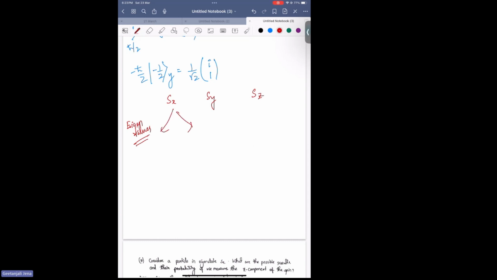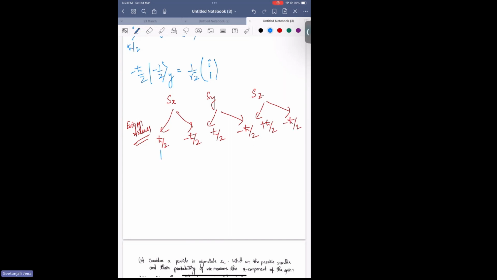You will get plus ħ/2 and minus ħ/2. This is for a spin-1/2 particle. For other spins, it will be different. For Sy, the eigenvalues are also plus ħ/2 and minus ħ/2. And for Sz also, the values will be plus ħ/2 and minus ħ/2.